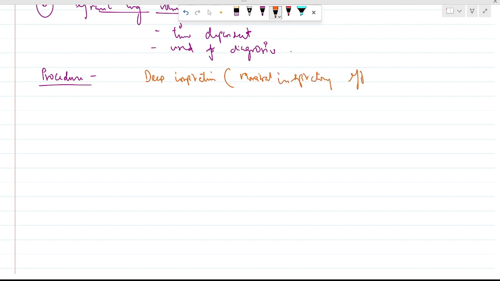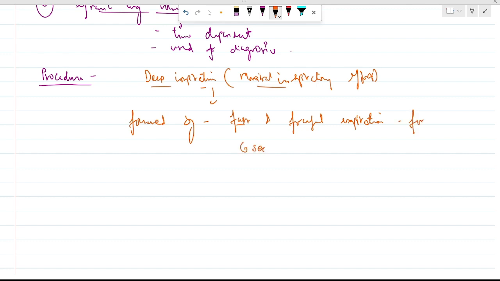Following deep inspiration, we ask them for a fast and forceful expiration. Deep inspiration or maximal inspiratory effort is followed by fast and forceful expiration for 6 seconds.